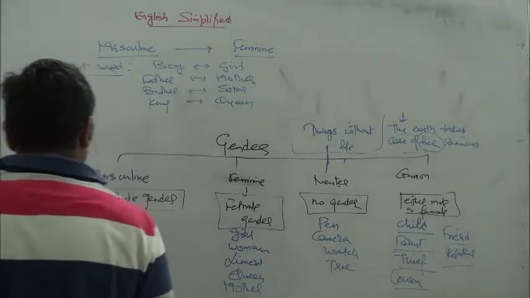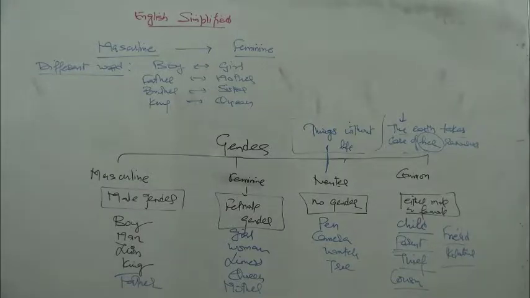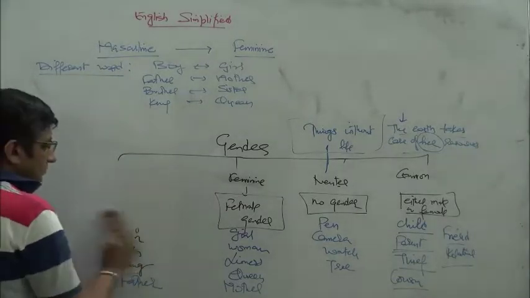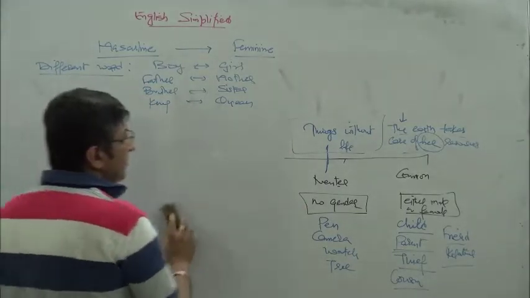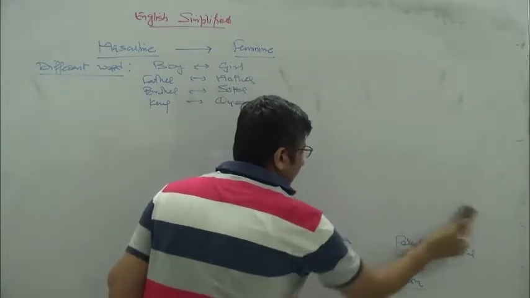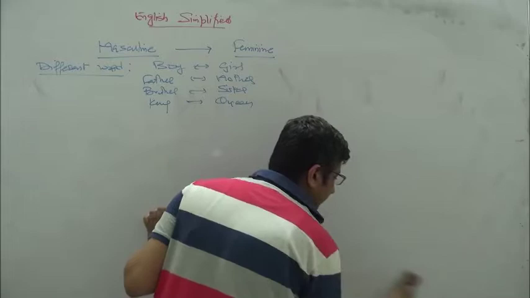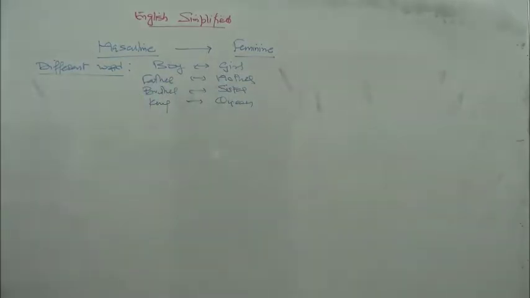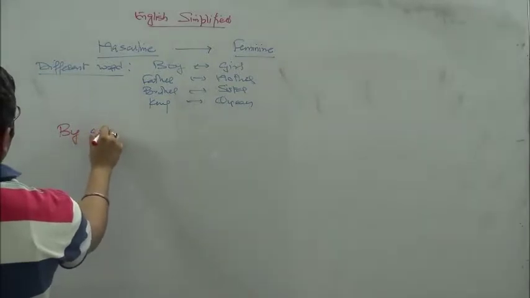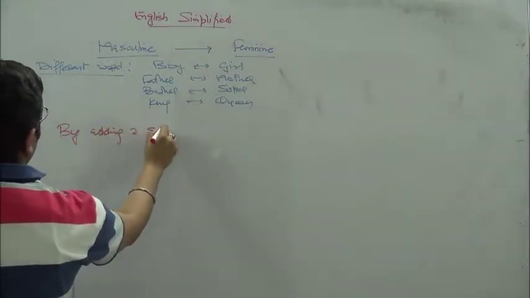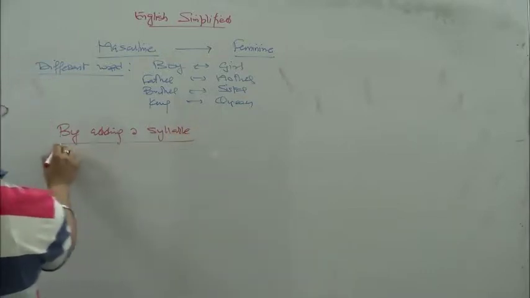Another way in which the feminine noun can be identified. That is where some words would follow a particular rule here. So we may, for example, add a syllable.